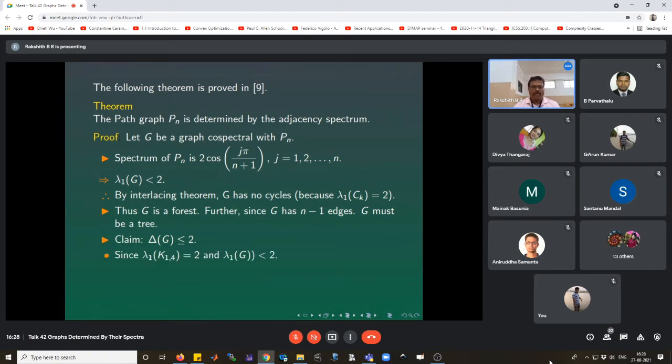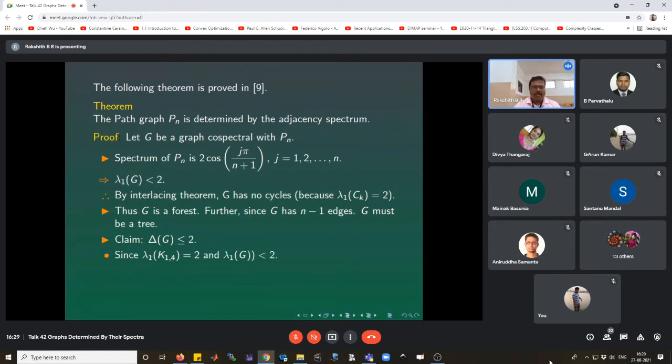For that, I need to show that some graphs are forbidden subgraphs of the path Pn. If you consider the star graph K1,4, its largest eigenvalue is 2.